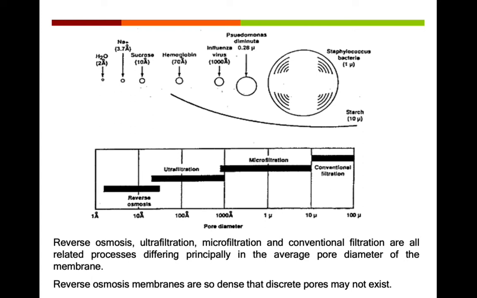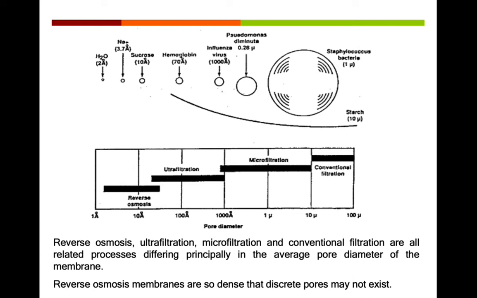However, if you have Staphylococcus bacteria, which is the size of 1 micron, you might need to use microfiltration compared to conventional filtration or depth filtration you've learned before. And if you have the influenza virus, around 1000 Angstrom, you might start using ultrafiltration to confirm all influenza viruses can be removed.